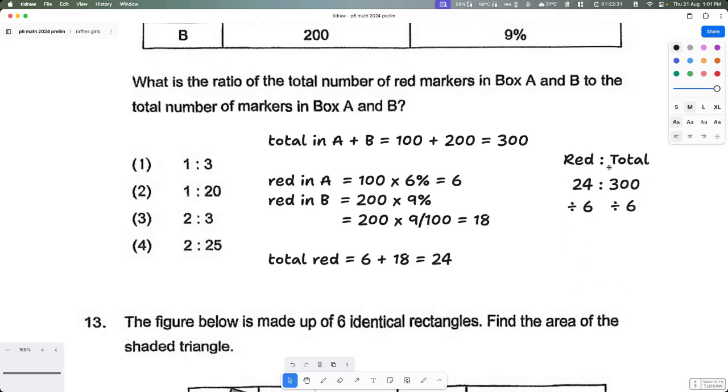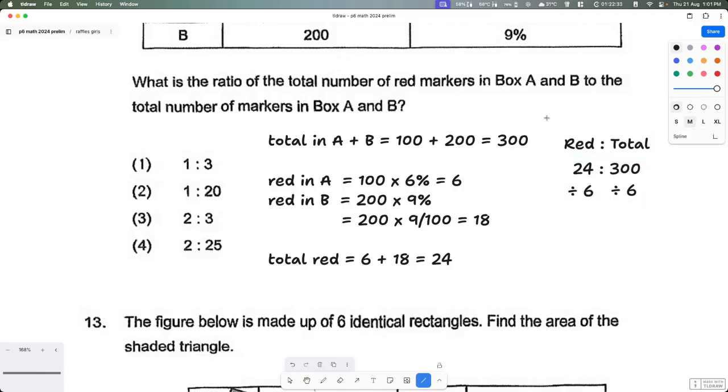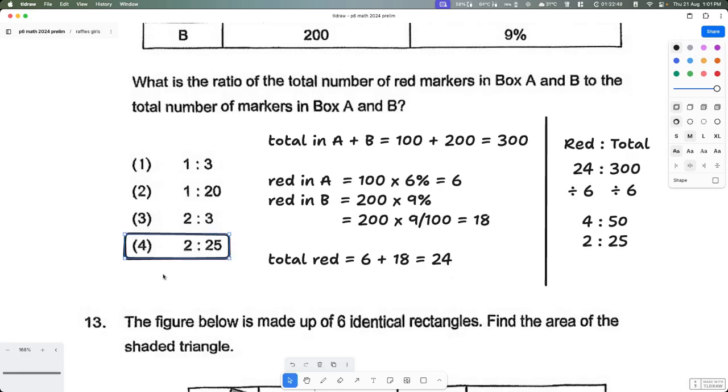So 24 divided by 6 is equal to 4. Then 300 divided by 6 is 50. So we can still go 2 out of 25. So that means the answer is option number 4 here.